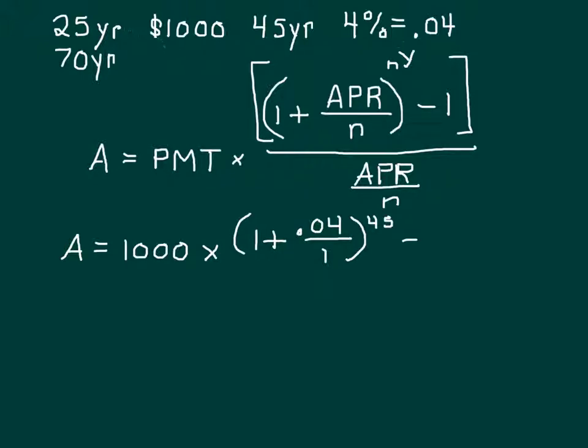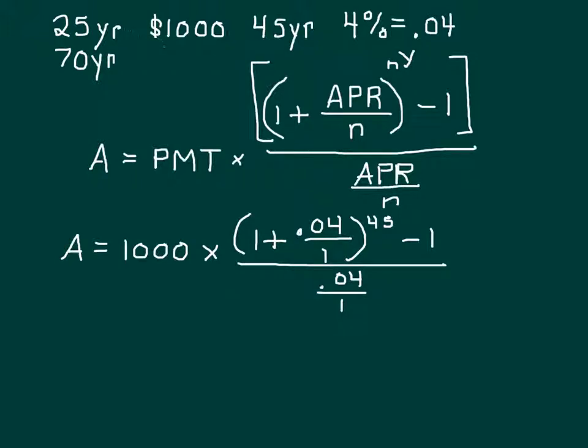And then we subtract 1. Then in the denominator, we have the APR divided by N. The APR is 0.04 and N is 1 payment per year. So it's 0.04 divided by 1.